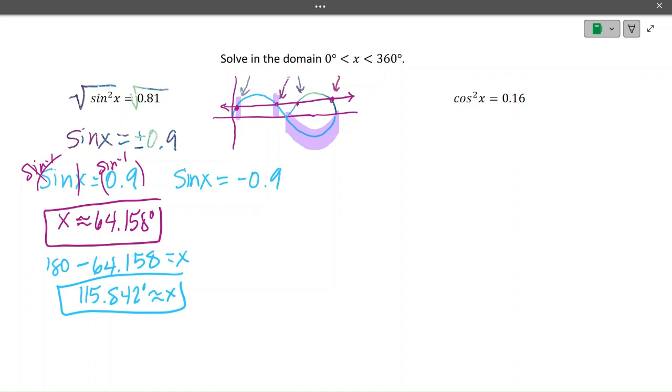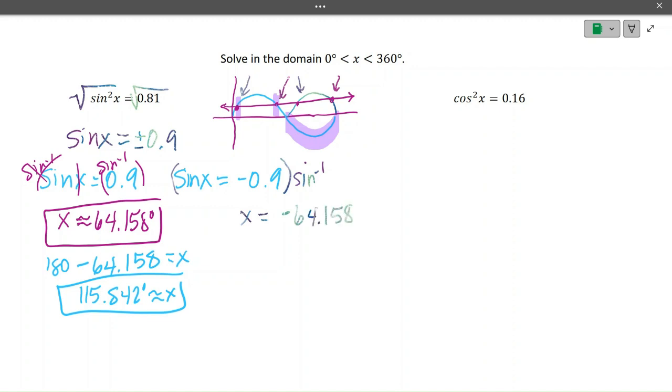And now we get to do it again for the other side. Here's the difference. I'm going to shortcut this because if I were doing this on my own, I wouldn't write all these steps. I'm taking the inverse sine of both sides this way. When I do that, I get x equals the inverse sine of negative 0.9, which is negative 64.158.